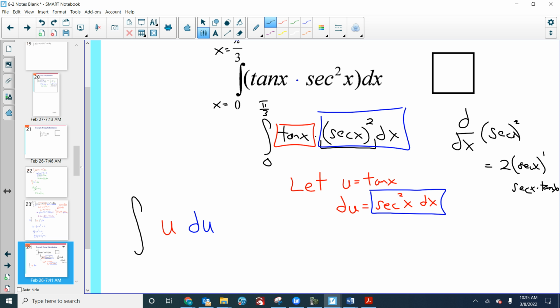So when x equals 0, u also equals 0. When x is pi over 3, u equals tangent of pi over 3, which is the sine of pi over 3 over the cosine of pi over 3.